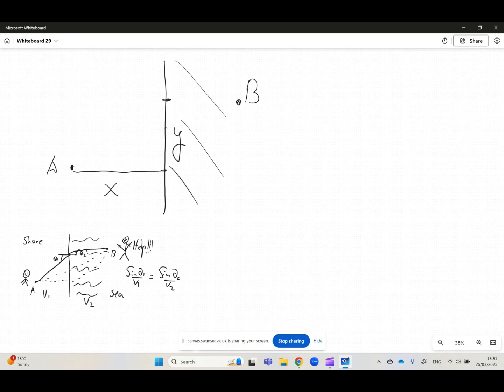This is x1, this is x2, and let's divide y into two segments, y1 and y2.